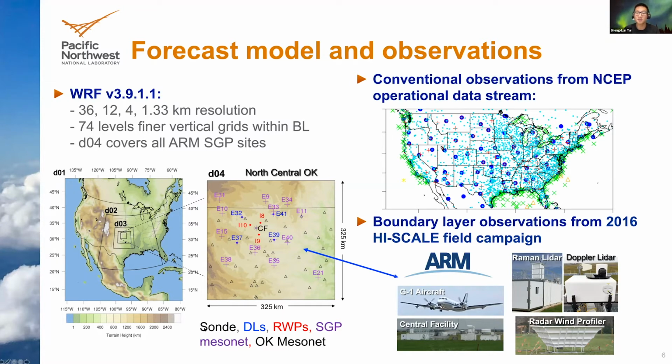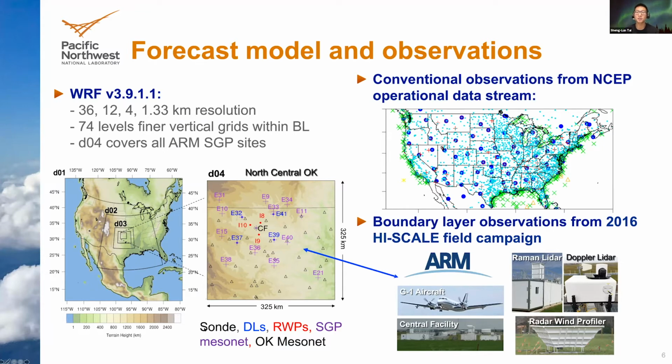And in terms of the observations, we assimilated conventional observations from the NCEP operational data stream, such as radiosonde, buoys, ship, aircraft, and radar VAD wind profile.